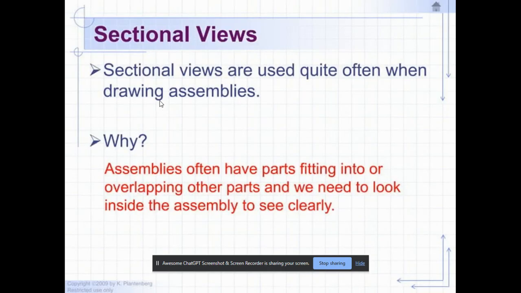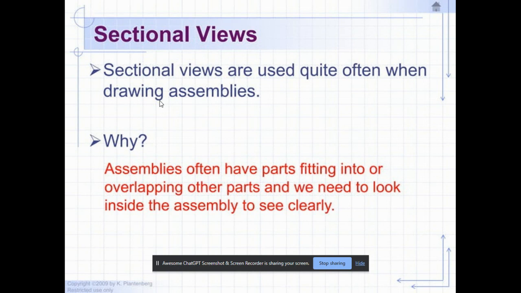Let's look at section views. Section views are used quite often when drawing assemblies. And why? For section views, the goal is to show the internal part of hidden components of a machine. For this, I would recommend you go to the previous slides we have on section views.